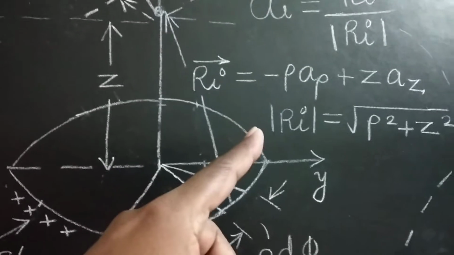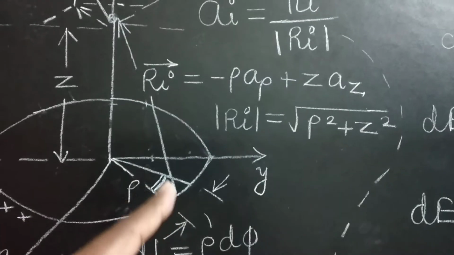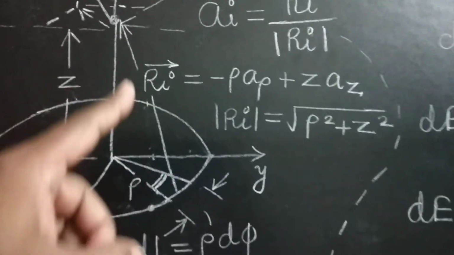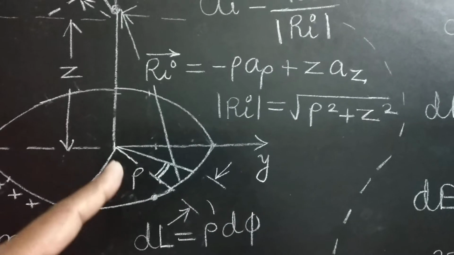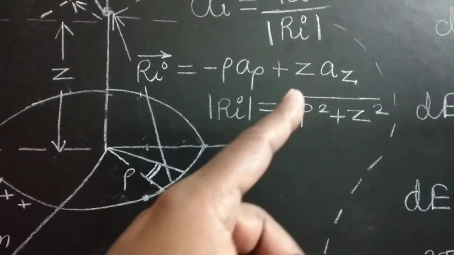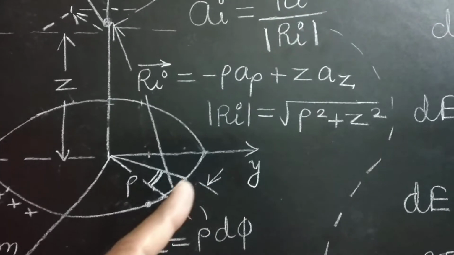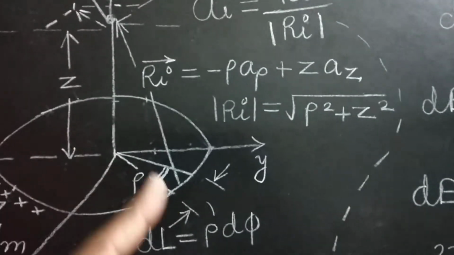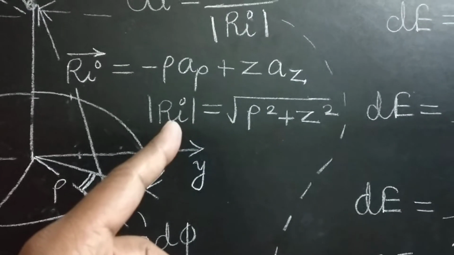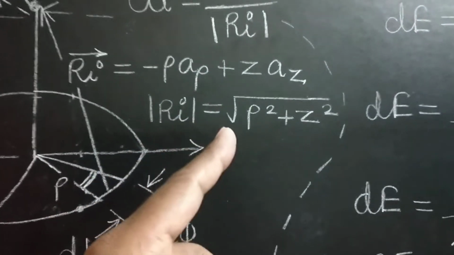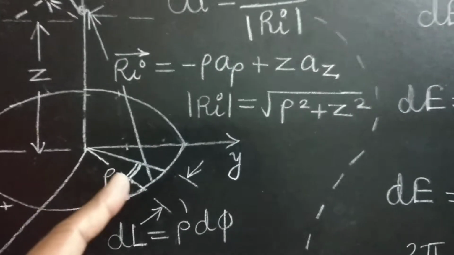If you see this diagram, this Ri vector towards the point of interest will be minus rho a rho plus z az. The radial part is negative, the z part is positive, and the magnitude of this distance will be square root of rho square plus z square, as it is clear from the diagram also.